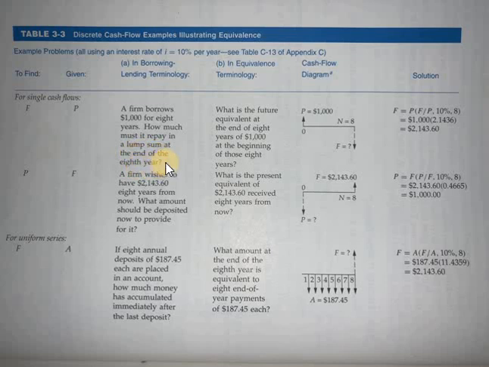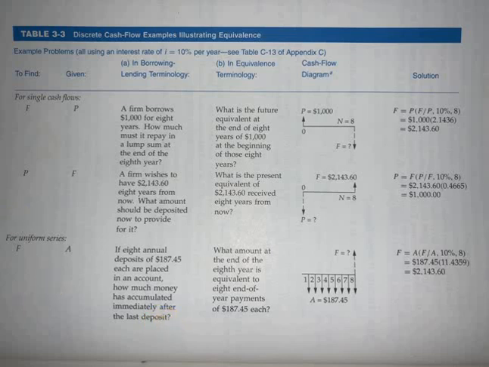So I'm finding F, knowing P. Or I might be saying, what is the future equivalent at the end of 8 years of $1,000 at the beginning of those 8 years? Or for example here, related to finding F knowing A, if 8 annual deposits of 187.45 each are placed in an account, so this is the annuity, how much money has accumulated immediately after the last deposit? So I'm asking for the future.